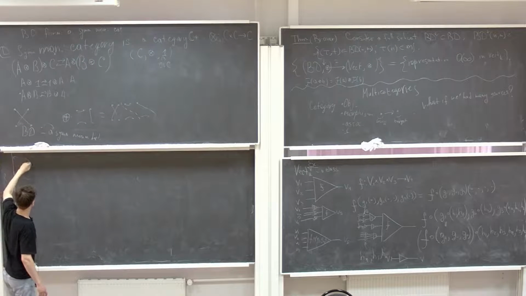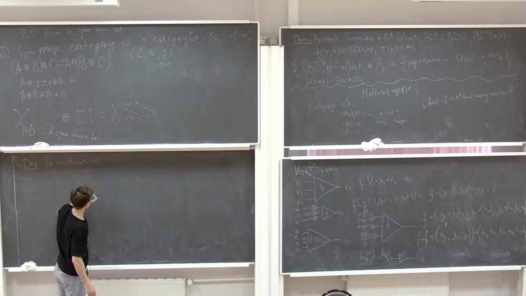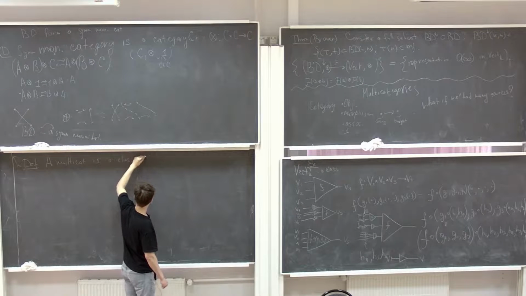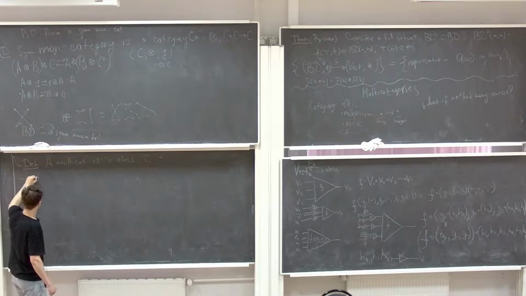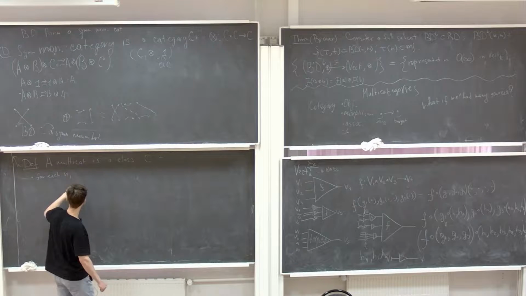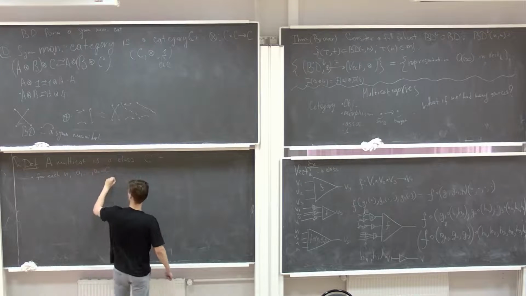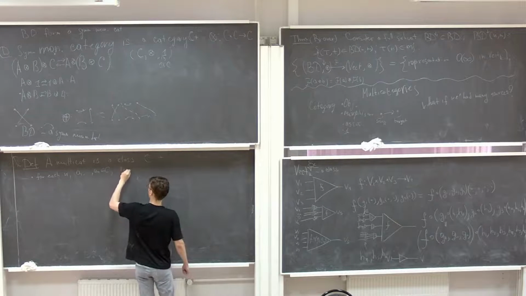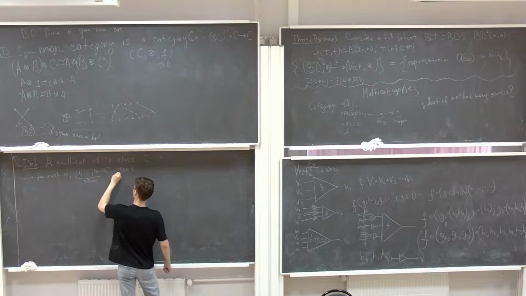So, definition. A multi-category is a class, for example C. For each n and elements A1, ..., An that belong to C, and also another element A in C, these are sources, and this is the target.